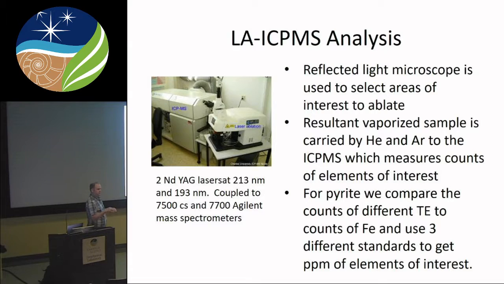That vapor is then transported with transport gases into the ICP, which tells us the trace elements that are in that volume that we've ablated. And we tend to use 3 different standards, one for lithophiles, one for chalcophiles and siderophiles, and one for sulfur to get our numbers.